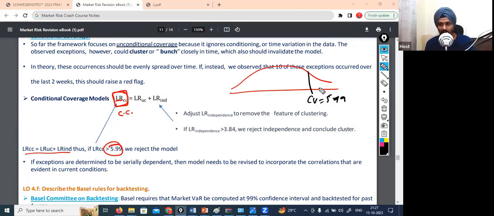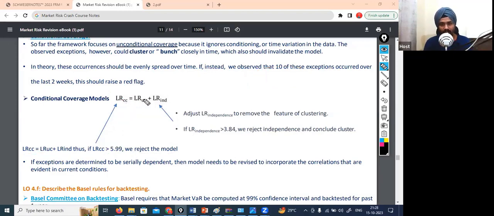If my log likelihood ratio for conditional coverage is in the rejection region, I will reject the model and say that it is inaccurate. And I can remove the unconditional part and just calculate the individual independence statistic to understand whether the observations are clustered or evenly spread.